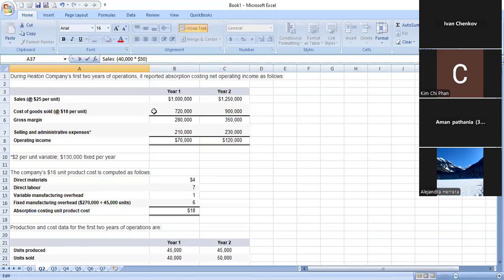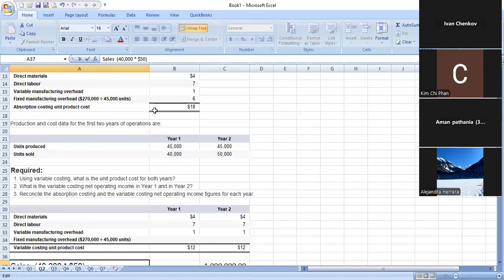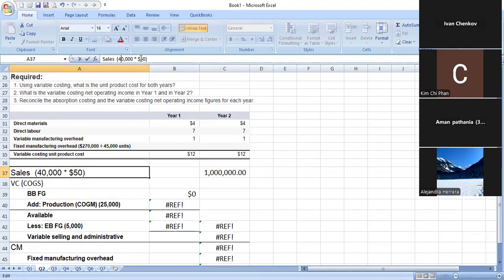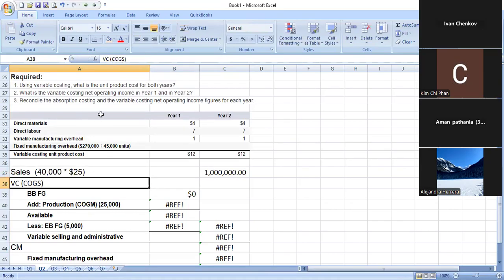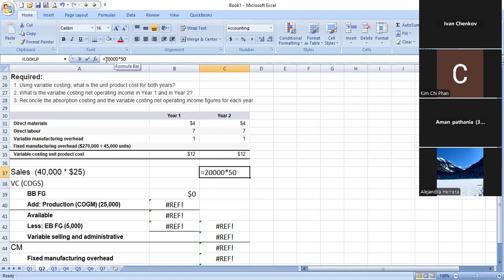My selling price is 25, half of the 50. And that will be 40,000. Let's change this formula here: 40, 1, 2, 3 times 25. 1 million.